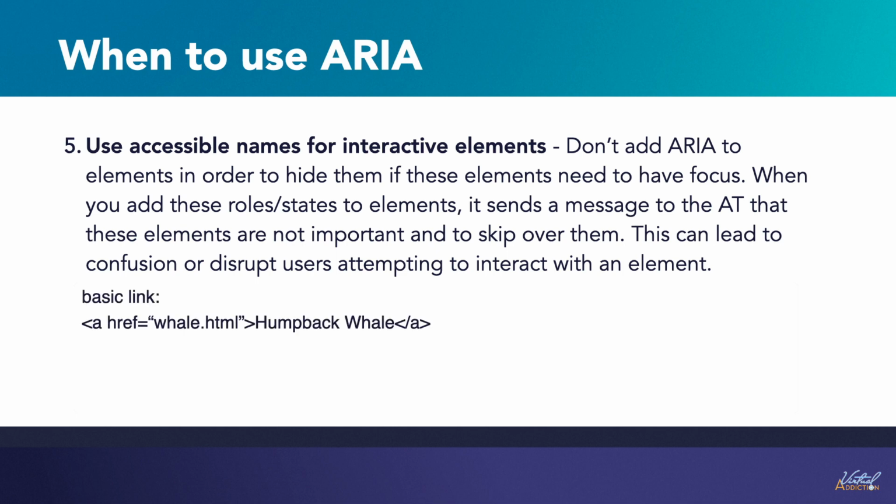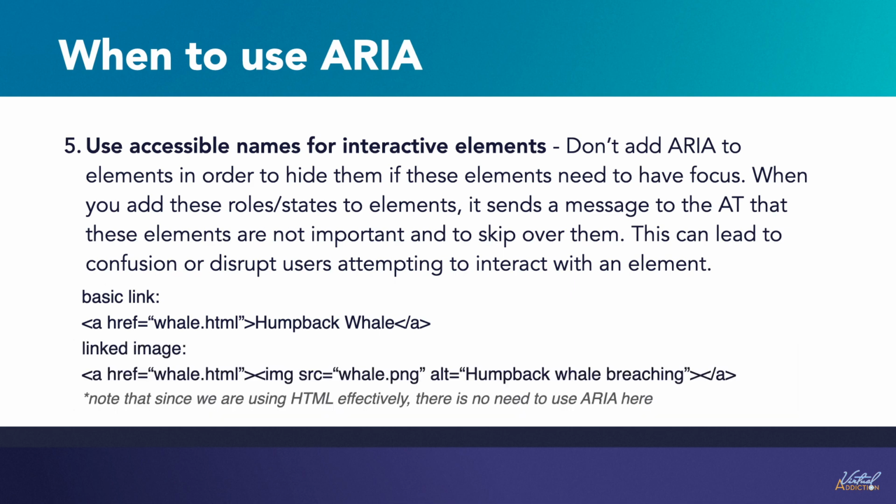So here are some examples. If I just have a generic anchor link, you can see that the plain text between the link tags, the text node, is what is going to give the accessible name. If I have an image inside of an anchor element, the alt attribute is what's going to give the accessible name. So there's no need for me to use any special ARIA code here because the accessible names are built into the regular HTML.